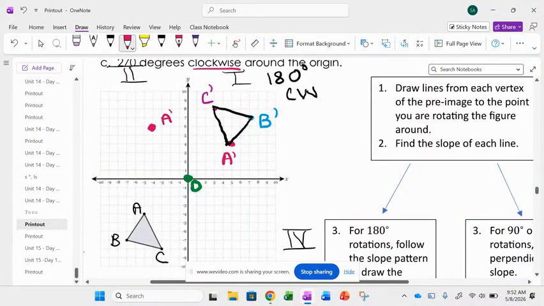And I'm going to call this A double prime since I already used A prime. We want to go up 5, to the left 4. There we go.